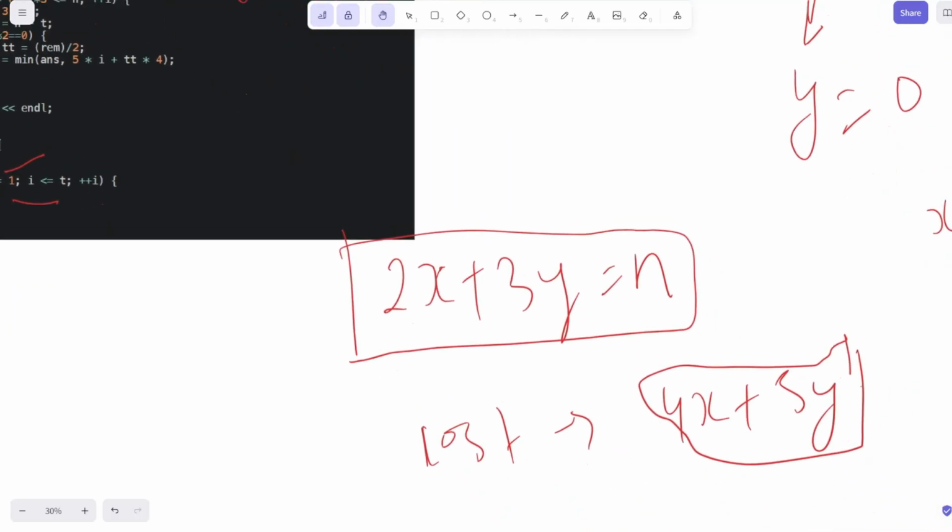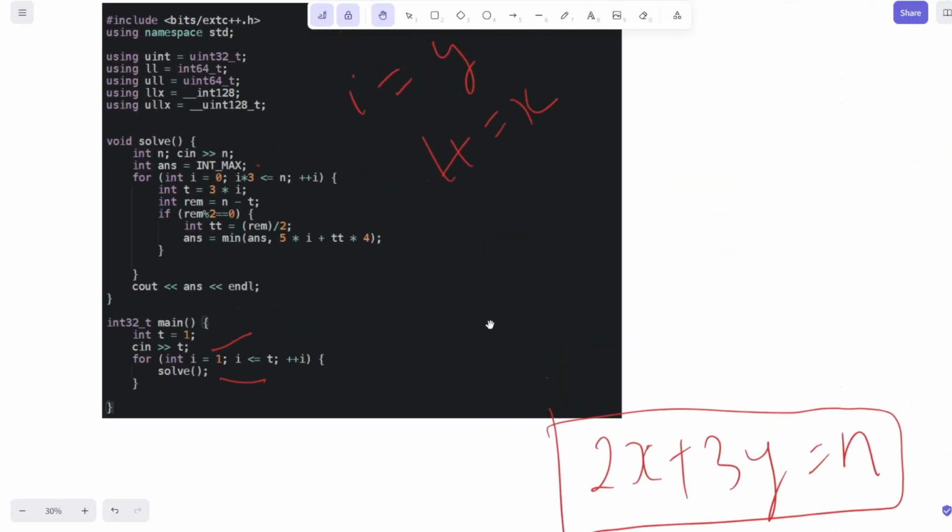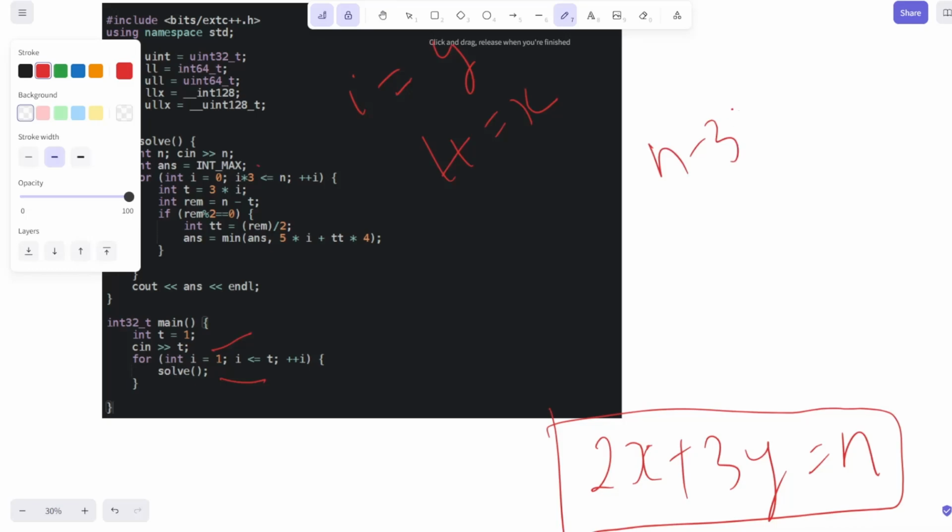And we are checking whether this remaining number of flowers is divisible by 2 or not. If not, then we are not calculating the answer for that value of y, because it is not acceptable. If it's divisible by 2, we calculate how many groups of two flowers we have to buy. That will be simply the remainder divided by 2.